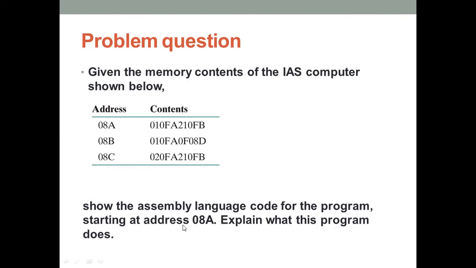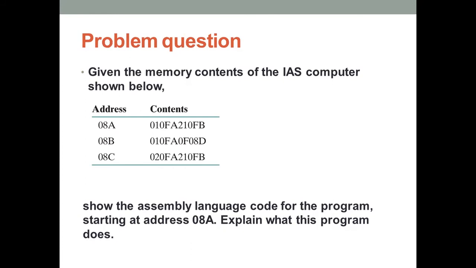So before we break down this question, you should know about two tables, because this is a hexadecimal number. We should convert it into a binary number, so you have to know at least about the binary table.